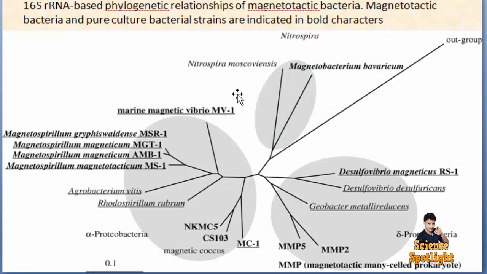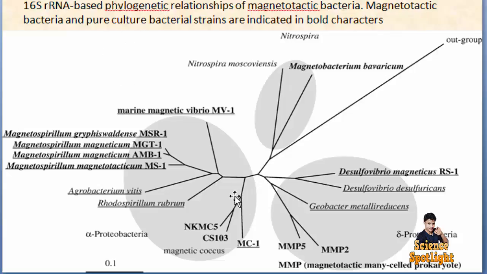And coming to the phylogenetic tree and different examples of magnetotactic bacteria, based on 16S rRNA phylogenetic relationship, the magnetotactic bacteria which are isolated and maintained in pure culture are indicated in bold letters and underlined.